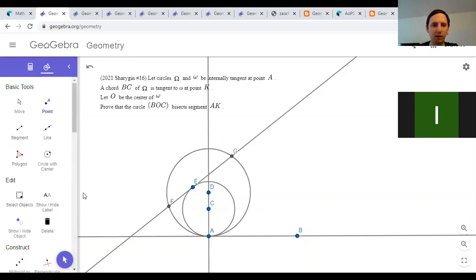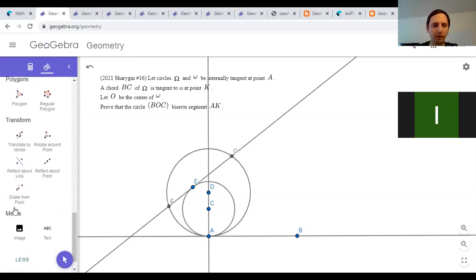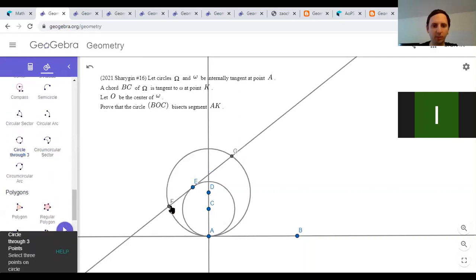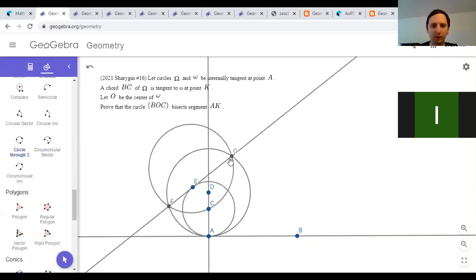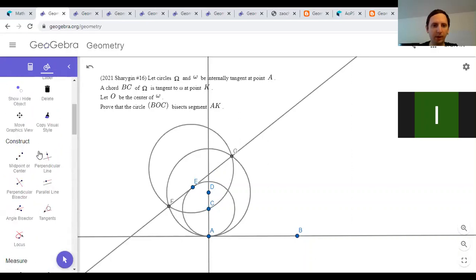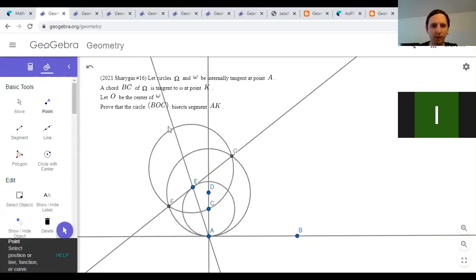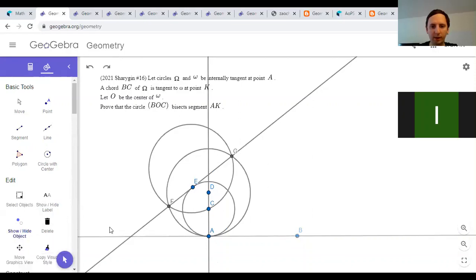And we want to show that this circle, the circle BOC, bisects the segment AK. All right, let's change the name of a couple things here.